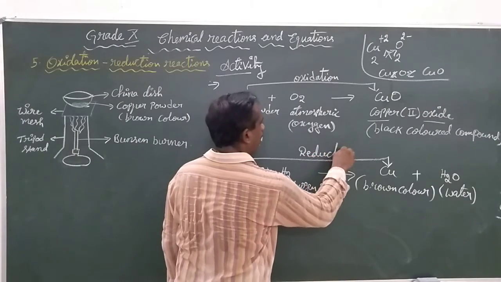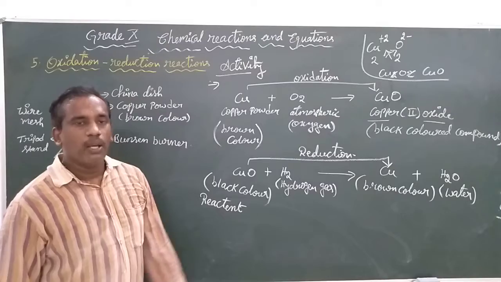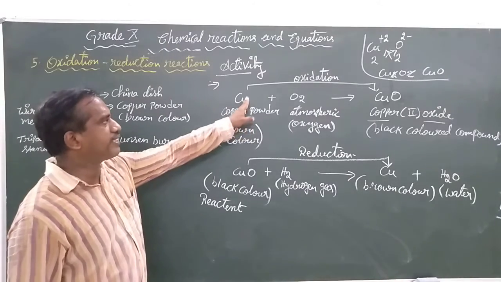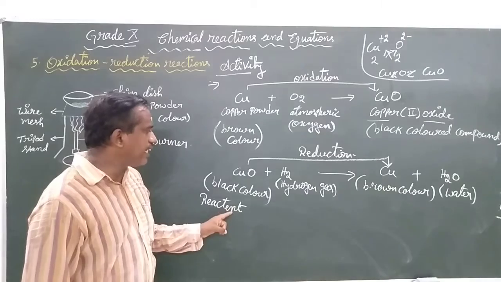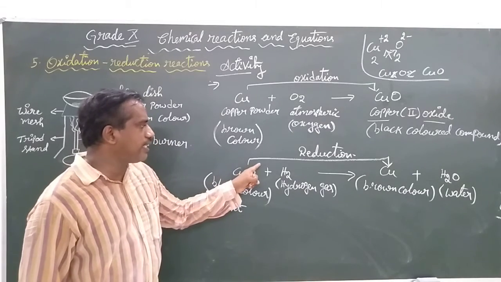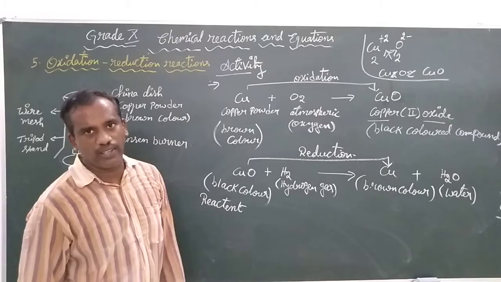Removal of oxygen is called reduction. Previously, for the reactant, when oxygen was added, it is called oxidation. Now for the reactant, when the oxygen is removed, it is said to be reduction.